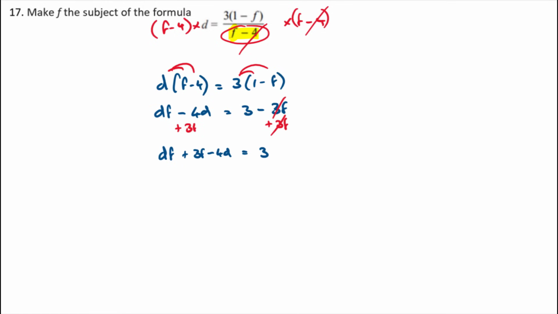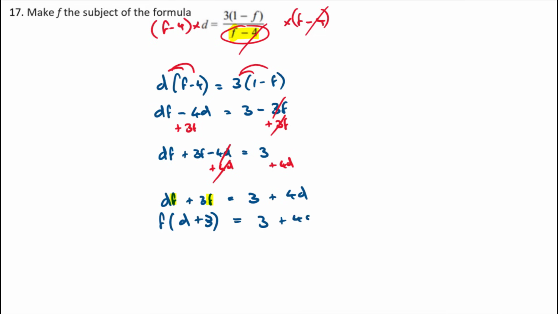And then I'm going to do the opposite of minus 4D. I'm going to add 4D to both sides. Okay, so then that cancels with that. And it leaves me with DF plus 3F equals 3 plus 4D. Okay, now notice I've got an F in both of these expressions. I've got an F there and an F there. That means I can factorize out the F. And that's going to give me F times D plus 3 in the bracket equals 3 plus 4D.